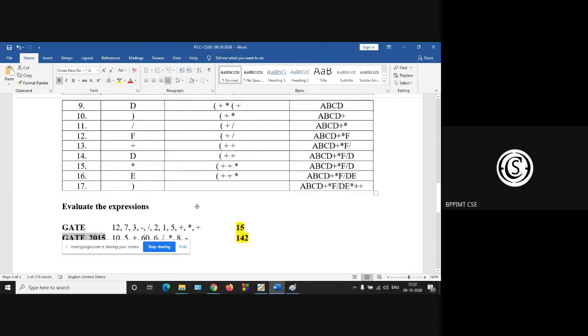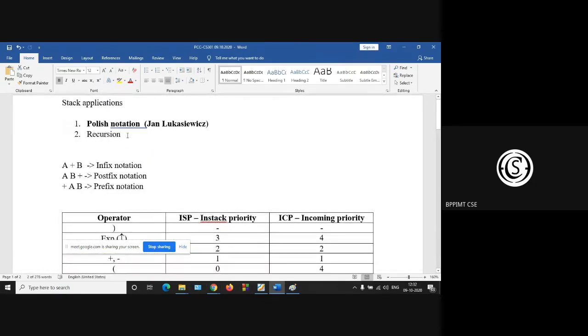Okay, so one thing is left, recursion. In our next class, we will discuss recursion. Inside recursion, we have to learn GCD and factorial. Prefix is not in our syllabus.